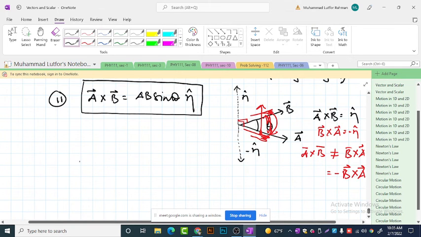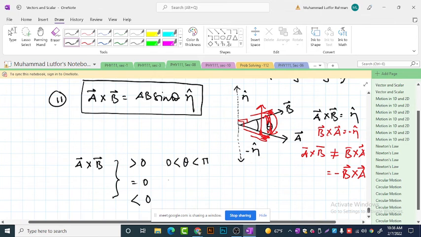Alright, we can say this cross product also has some magnitude. That magnitude could be greater than 0, it could be equal to 0, and it could also be less than 0, which is negative. It's positive when theta is greater than 0 but less than pi, that's 180 degrees.